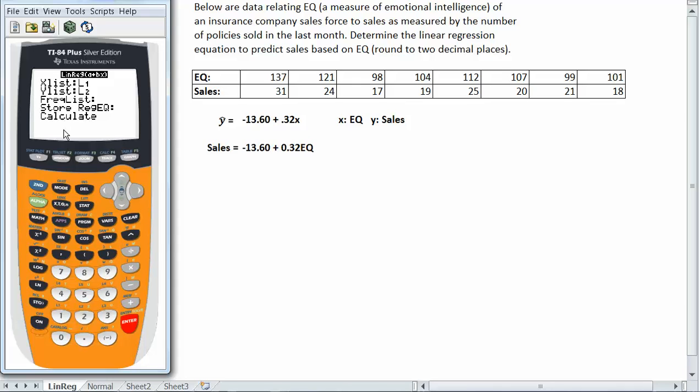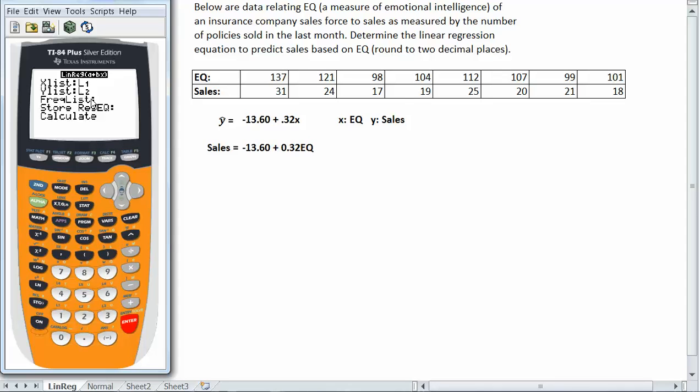So I can either hit the number 8 or hit the enter key after highlighting 8. And now I get a menu of choices. I can choose where my X list is, where my Y list, and so on. Well, I put my X and Y in list 1 and list 2, so since that's the default, these are already there, and that made my life easy. If I had chosen different lists for these variables, I would just do the second and then number button corresponding to the list to identify the proper list.